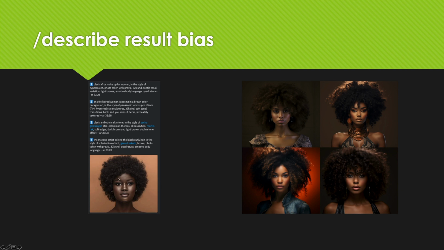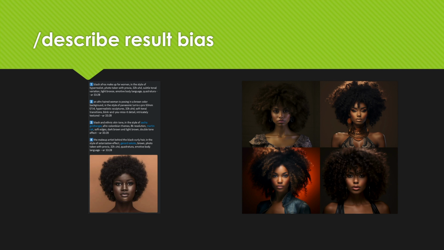This is another example. This is a model with very dark skin, and one of these generations has models who look considerably lighter skinned than she does. So that's another example of bias in action.